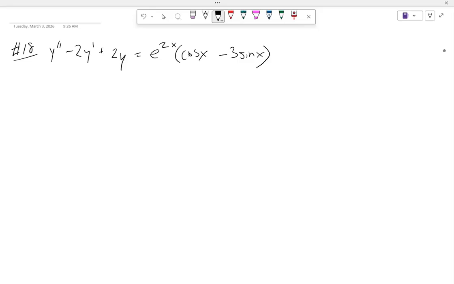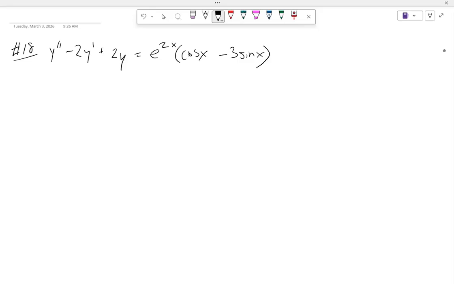Regardless of anything else, our first step for solving a non-homogeneous equation is to treat it like it's a homogeneous equation to start with, because we're using the property that says we can write the general solution to a non-homogeneous equation as the solution to the homogeneous plus a particular.